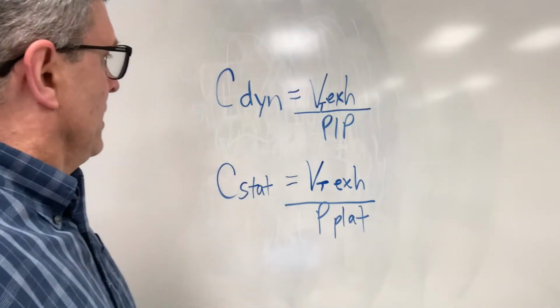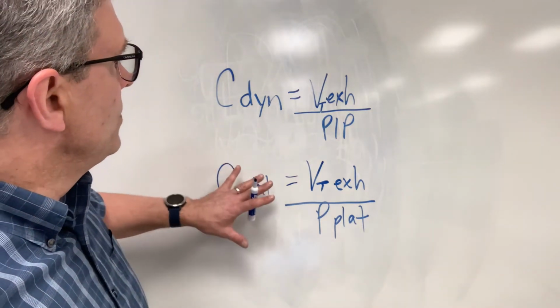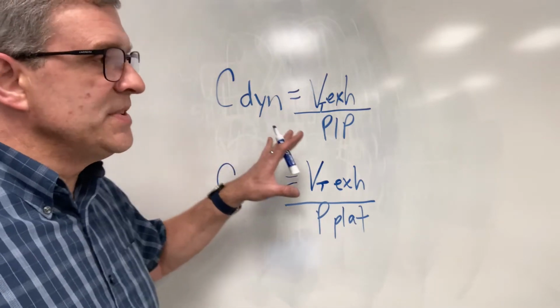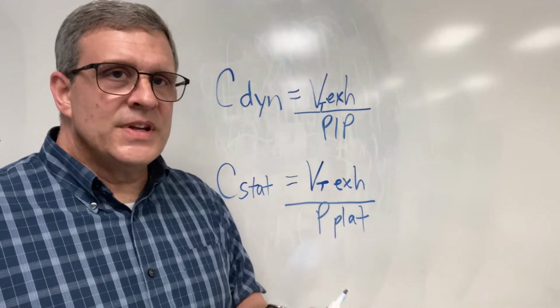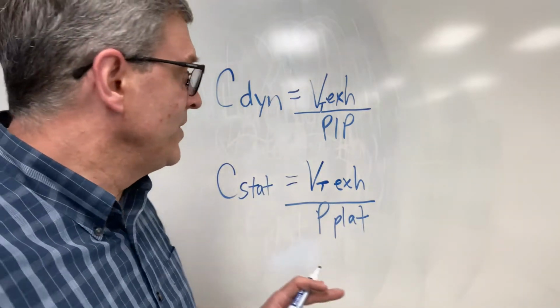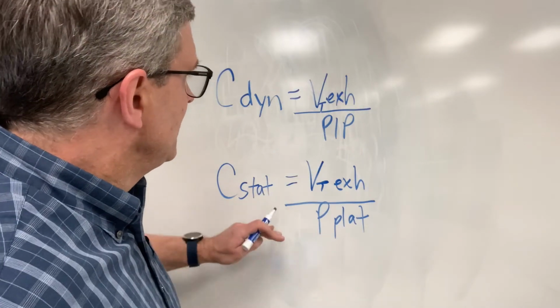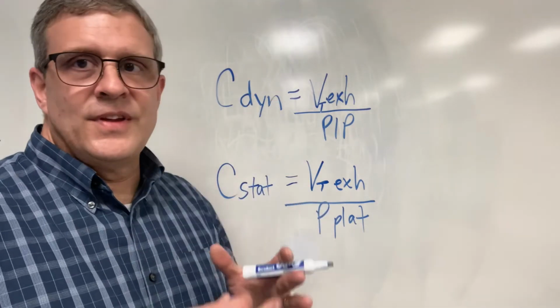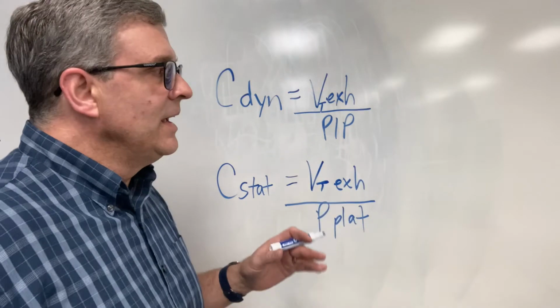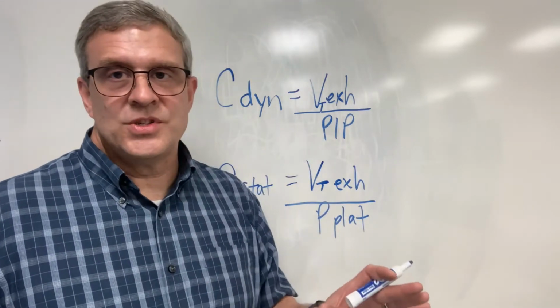Now, in order to interpret the numbers that we get, not really part of this talk, but I'll talk about it really briefly. To determine whether something's high or low, you have to have the normal ranges for it. And those vary depending on what source you use.